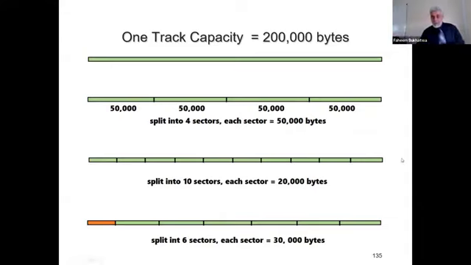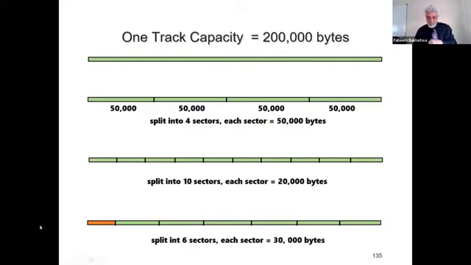You can still say, I'm going to divide this into 10 sectors. We still lose nothing. If you divide 200,000 by 10, each one will hold 20,000. If you multiply 20,000 by 10, we lost nothing. We can store 200,000 on that track.